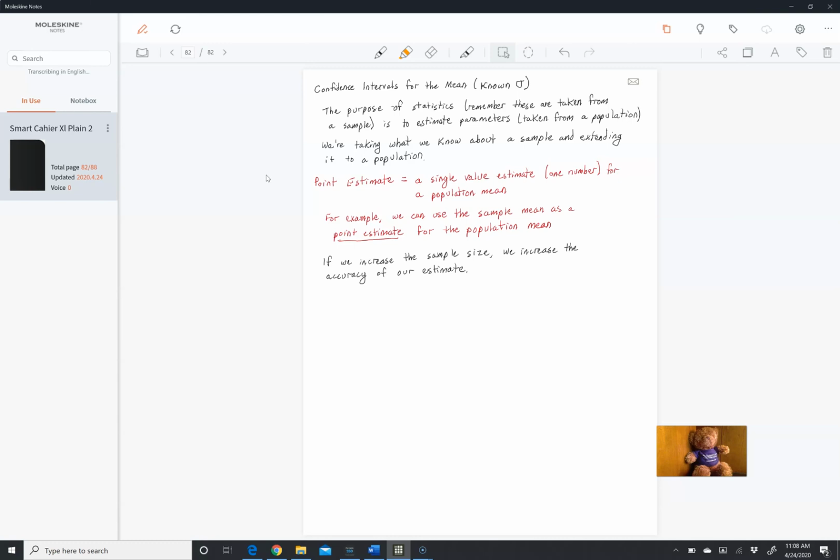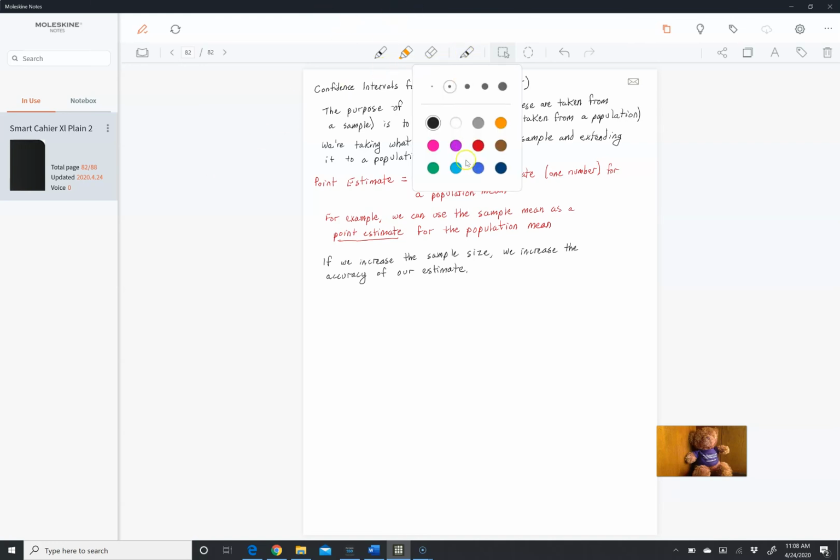The sample mean is the point estimate for the population mean. It's not equal to the population mean, though. In fact, it is very rare that our population mean is equal to the sample mean, even if the sample is huge, okay?